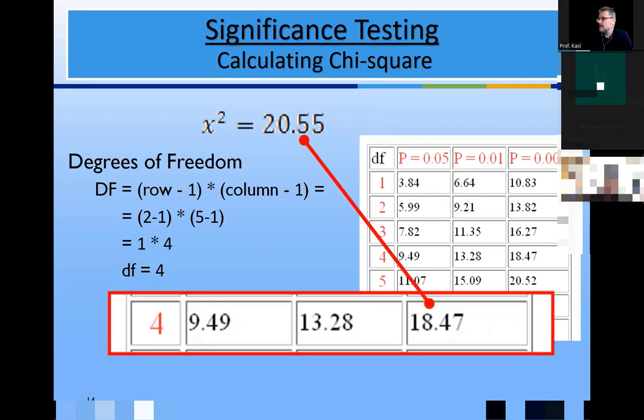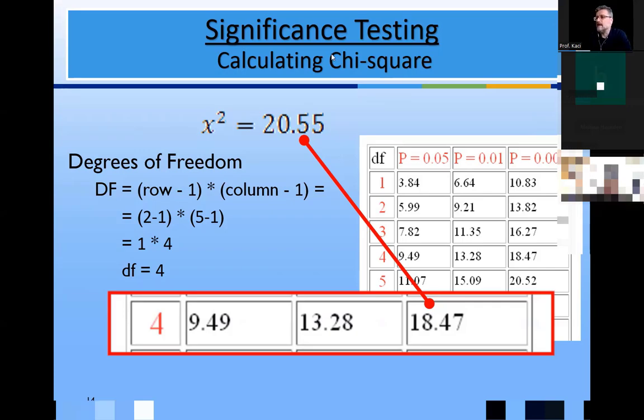This is, on the right side, what you see in the distribution table, with degrees of freedom 4, okay, with p-value 0.05, you have a value of 9.49, okay? But even if you had a p-value of 0.001, which is very rare, right?